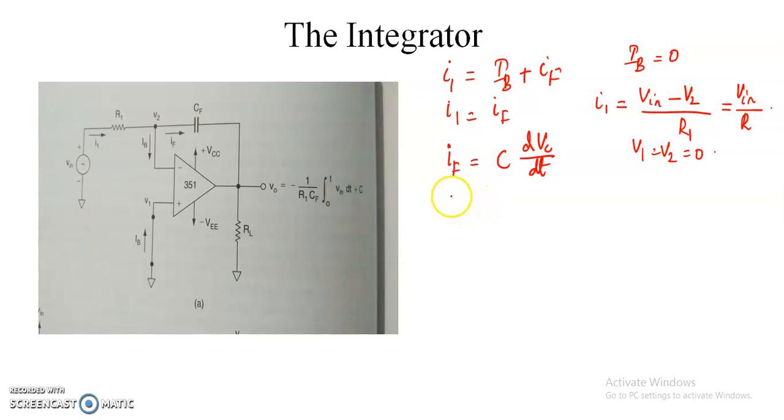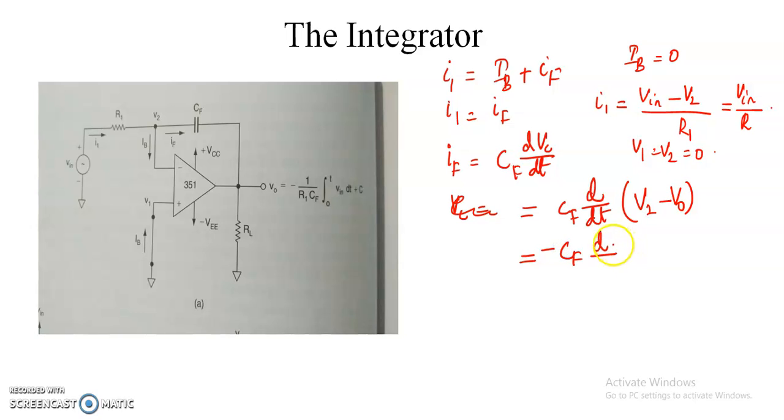We can write the voltage across the capacitor as V2 minus VO. So IF equal to CF into d by dt of (V2 minus VO), but we know that V2 equal to 0, so IF equal to minus CF dVO by dt.